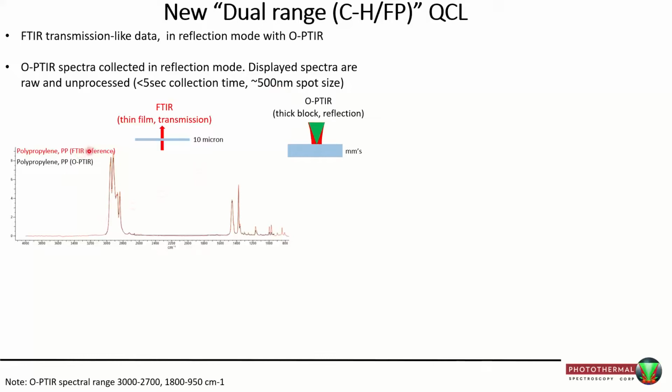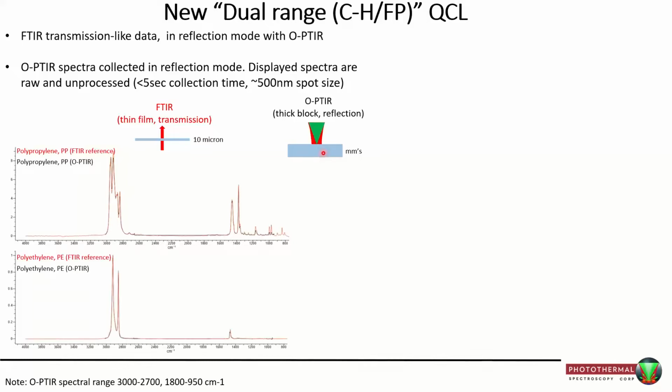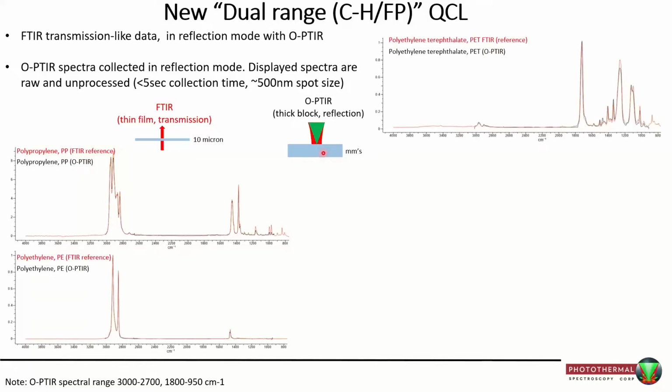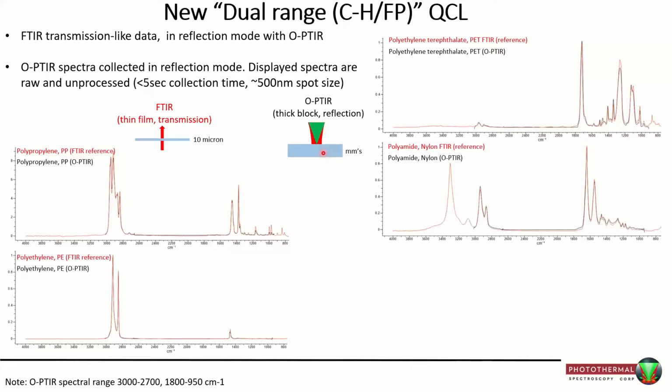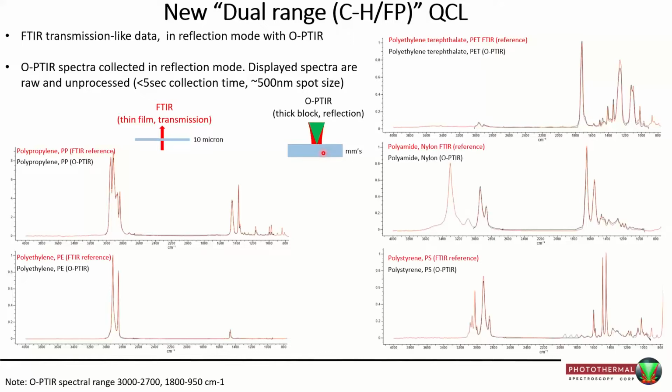In red, we have the FTIR reference library spectra, and in black, we have the spectra collected with O-PTIR in reflection mode of a thick block. Pretty good match. And the same goes for polyethylene, PET, nylon, and polystyrene. So it's pretty clear that the O-PTIR spectra, whether they're measured in transmission or reflection mode, reflection's easiest, are completely comparable to FTIR transmission libraries.